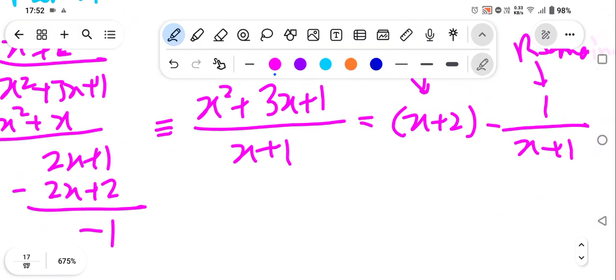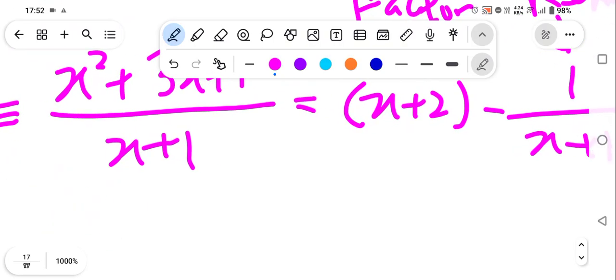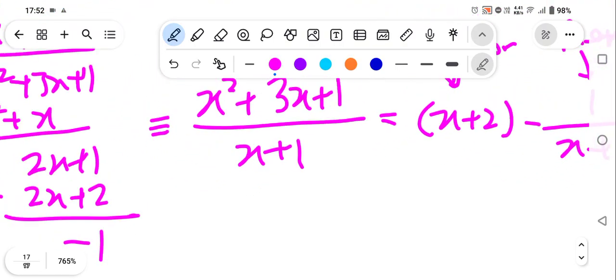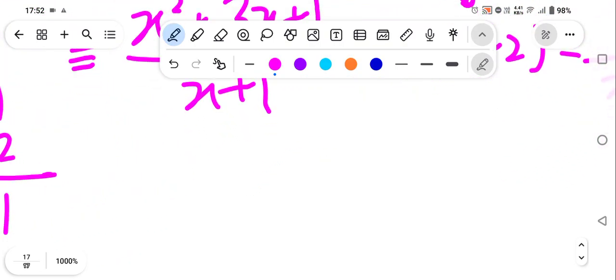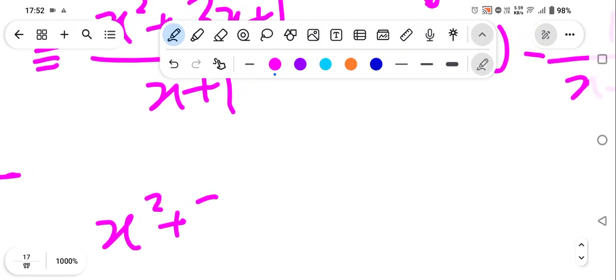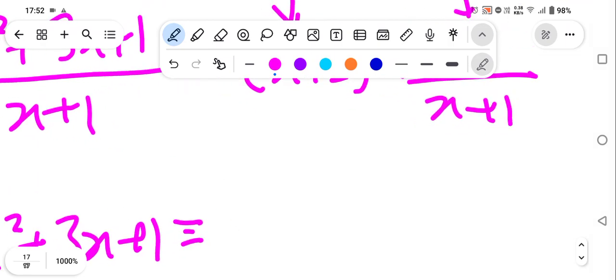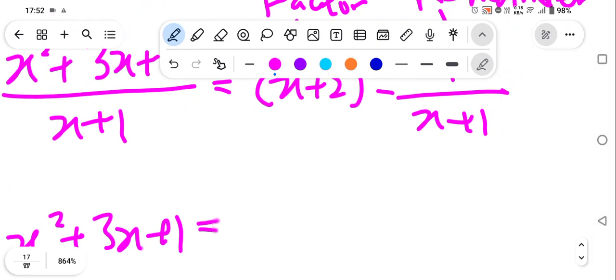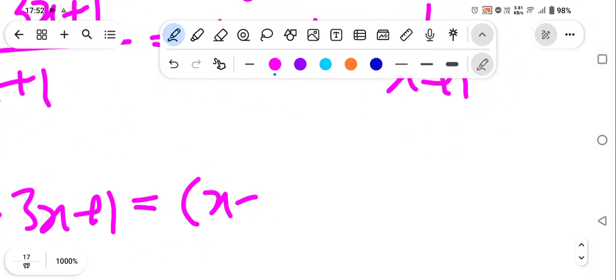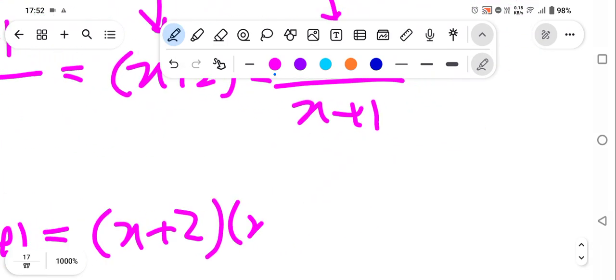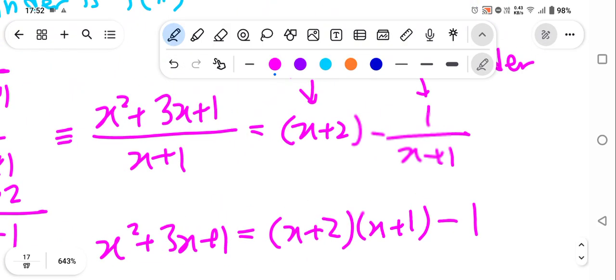If we multiply everything by x plus 1, we get that x squared plus 3x plus 1 is equal to (x plus 2)(x plus 1) minus 1.